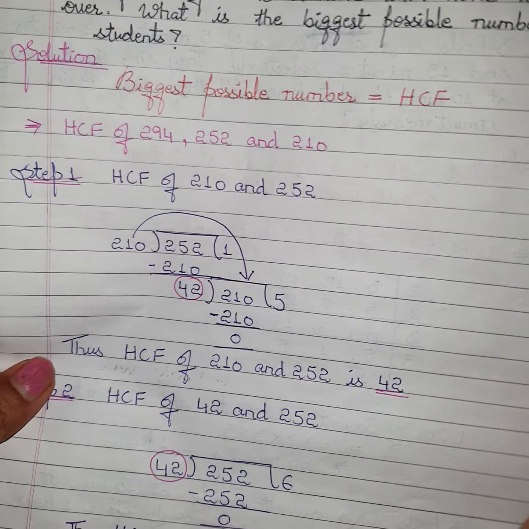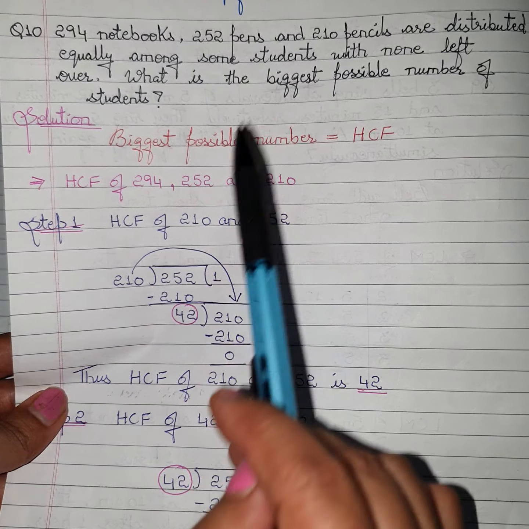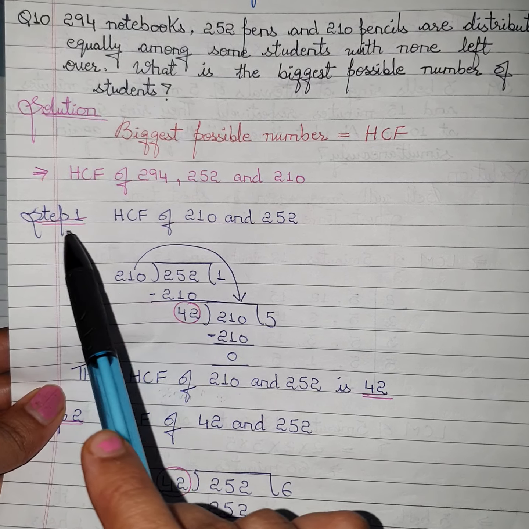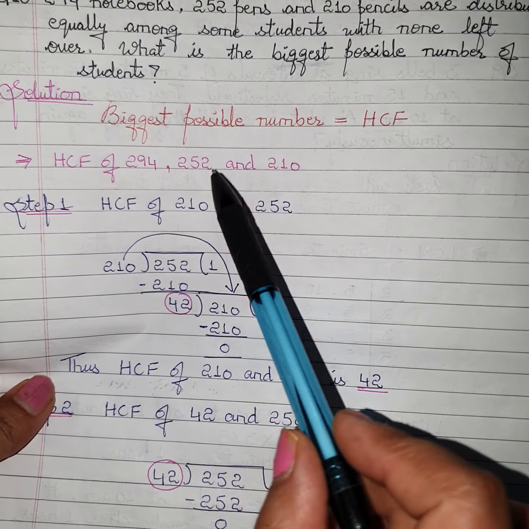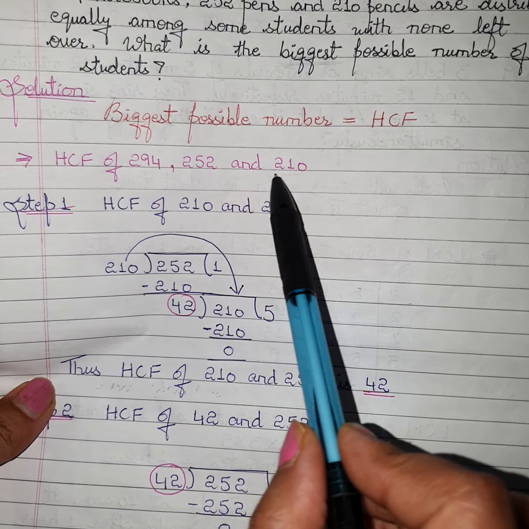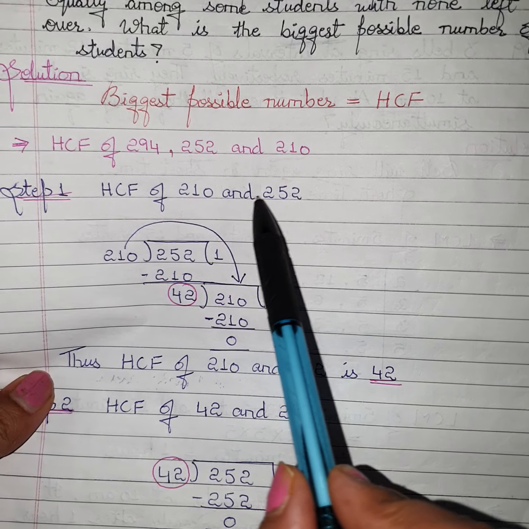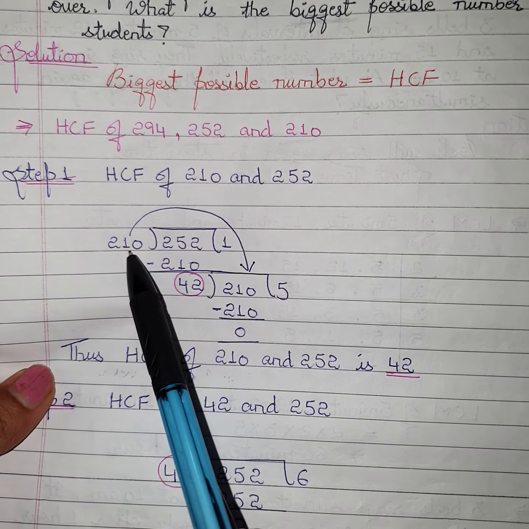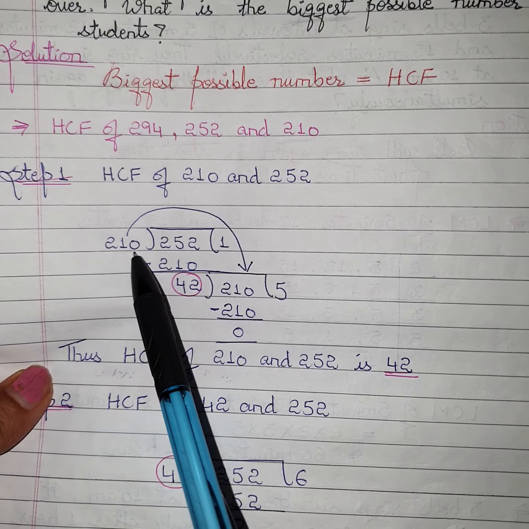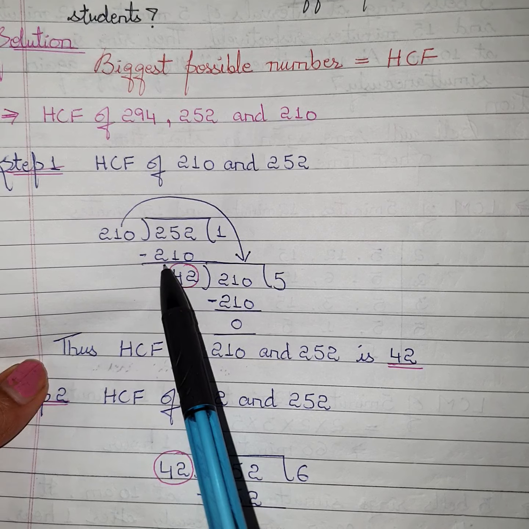So see, we have to find the HCF of 294, 252 and 210. In step 1, we will take the two smallest numbers, which are 210 and 252. So we will find the HCF of 210 and 252. 252 will come inside, 210 will come outside. In the table of 210, 1 times 210 is 210.